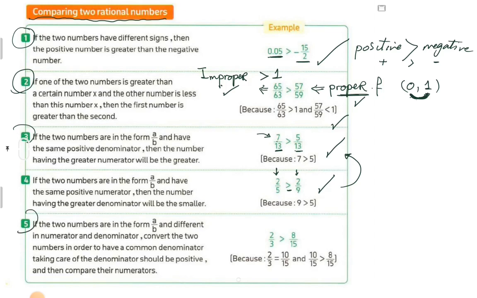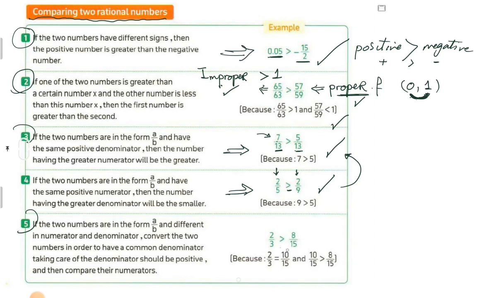Last case, we have two fractions with no like denominator or like numerator, 2 over 3 and 8 over 15. I can't do this case or this case. And the two fractions are positive, so I cannot do that case.